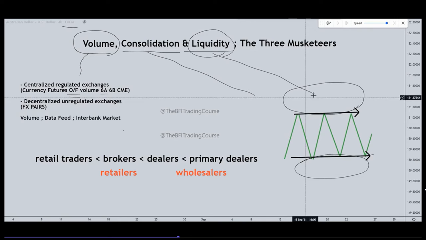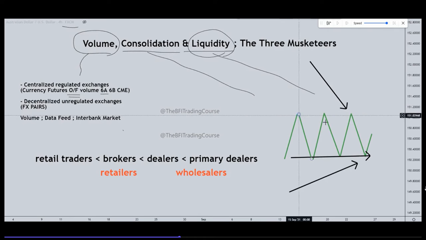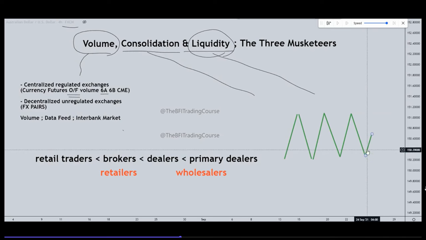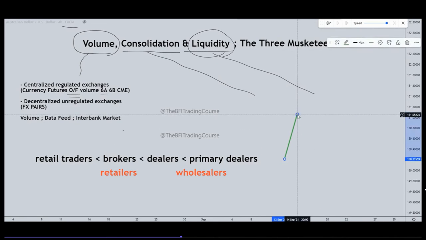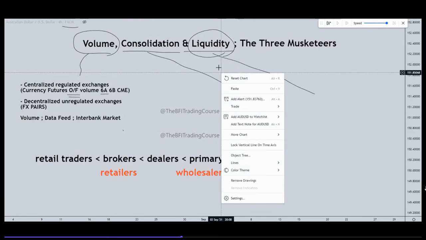So liquidity builds up as we consolidate. This is really important to understand because it's part of the engineering of the system, part of the oil of the machine is this liquidity.